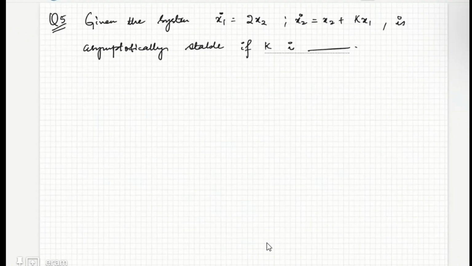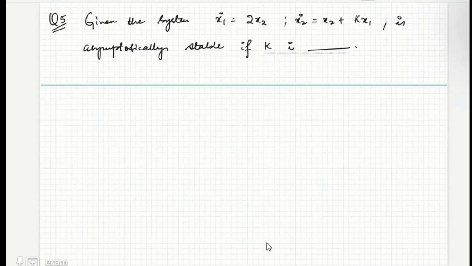Now since this question is based on designing, before that let's see, because I forgot to revise that state feedback controller design. So let's first recall what is the state feedback controller.